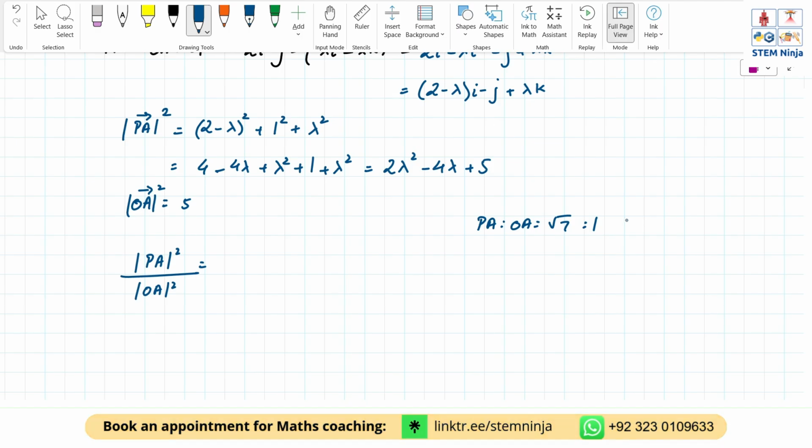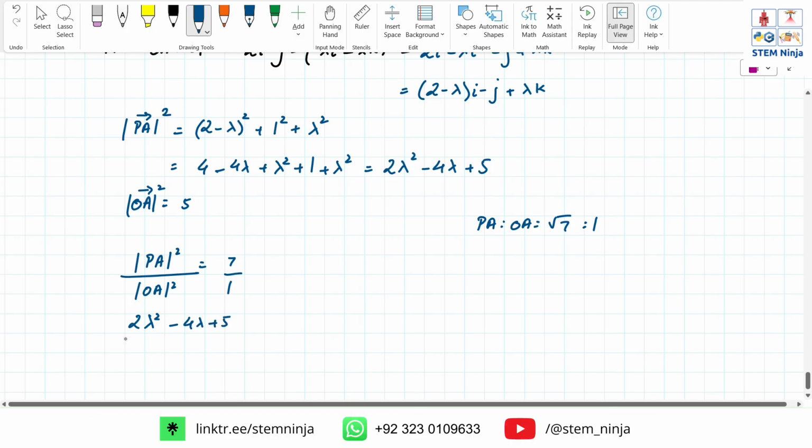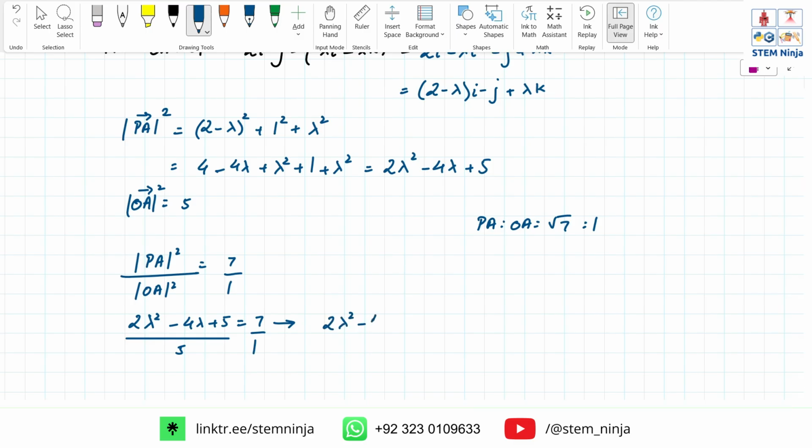So we can square both sides, which becomes 7 over 1. So 2 lambda squared minus 4 lambda plus 5 over 5 equals 7 over 1, and when you cross multiply, it becomes 2 lambda squared minus 4 lambda plus 5 equals 35.